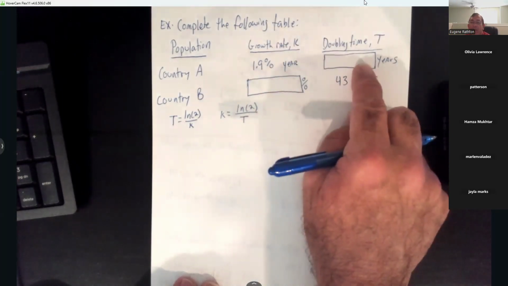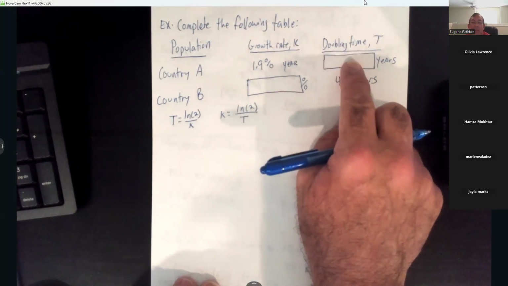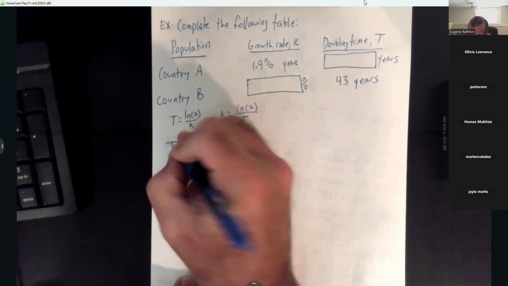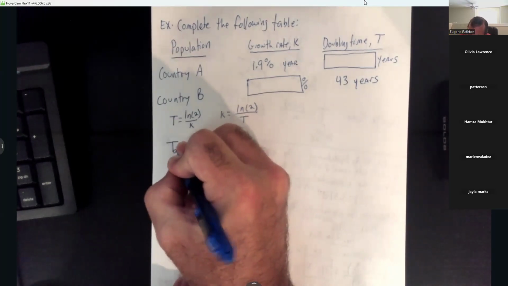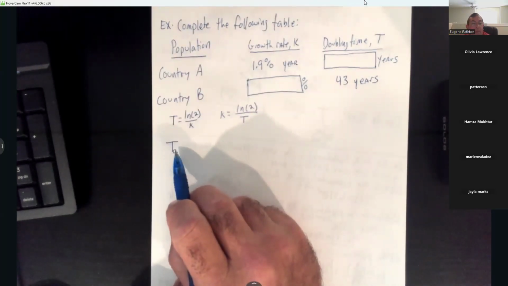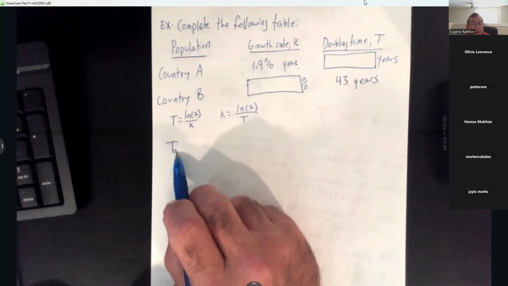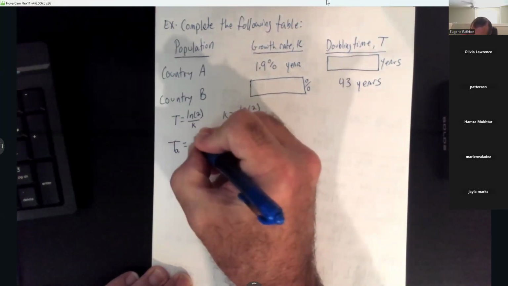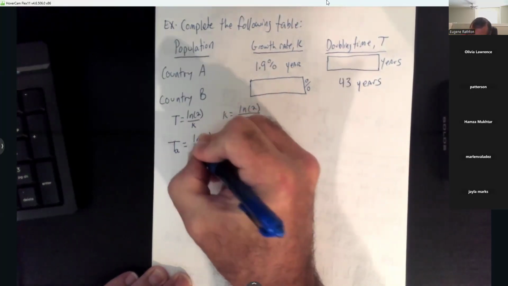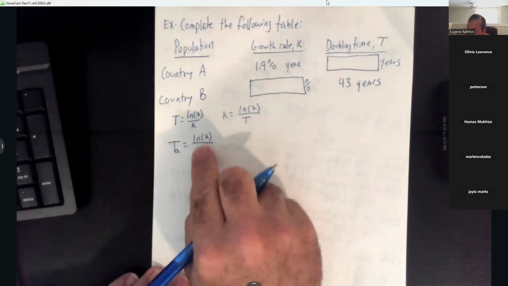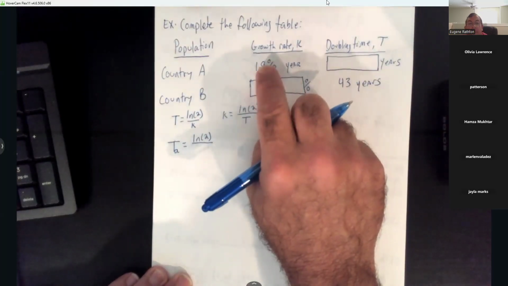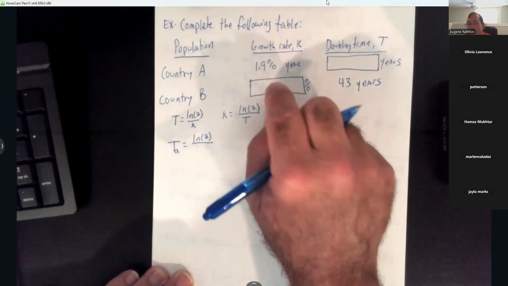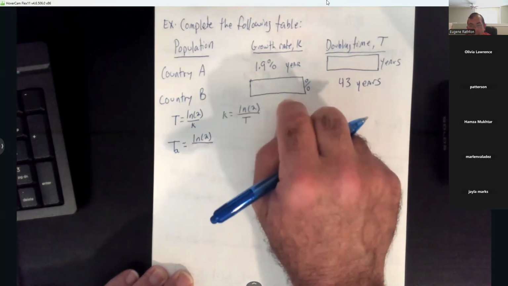So first, let me find the doubling time of country A. That'll be doubling time, a capital T. If I put a little a down, that means I'm finding the doubling time of country A. That's going to equal ln of 2 divided by the K for country A. We need this 1.9% turned into a decimal.